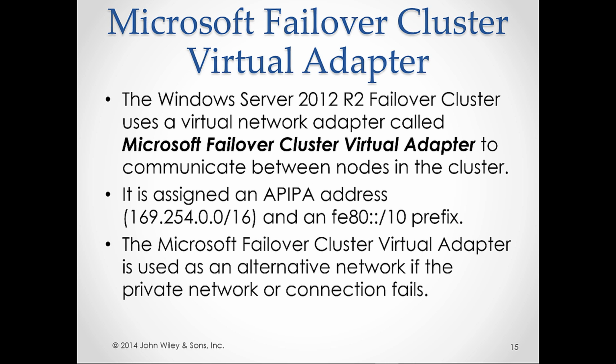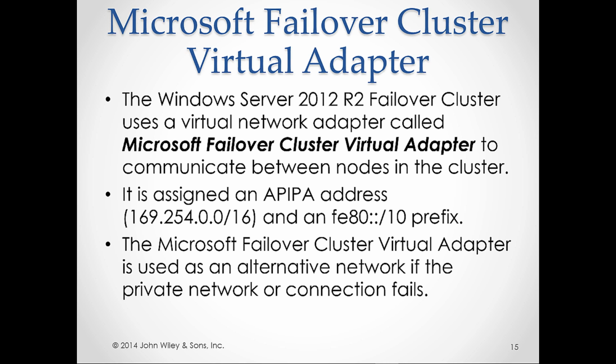So in Server 2012 R2, our failover clusters use a virtual network adapter called a Microsoft Failover Cluster Virtual Adapter. And to communicate between the nodes in this cluster, it does it with an APIPA. That's right, a 169.254 address.